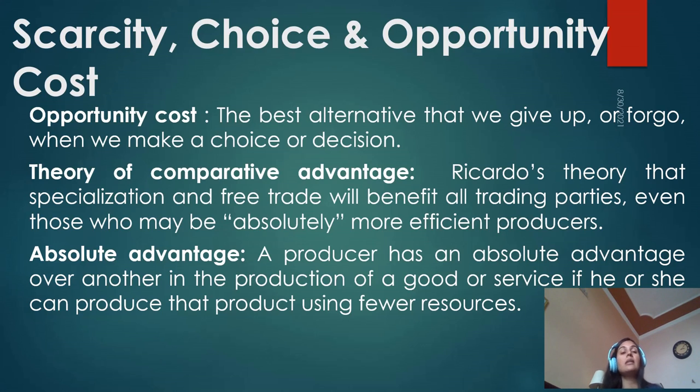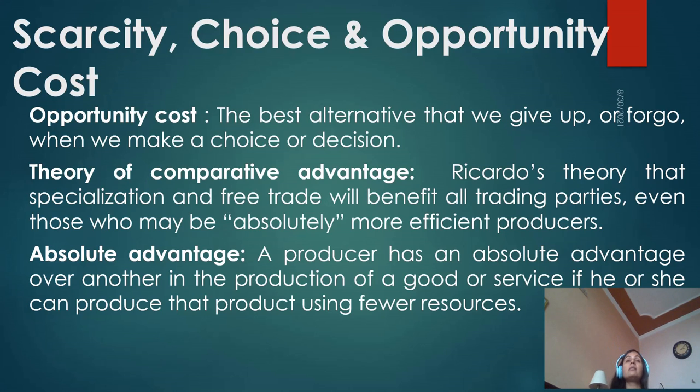So this theory gave another terminology, the terminology of absolute advantage. What is an absolute advantage? For example, you are a producer. There are a number of producers in a market.